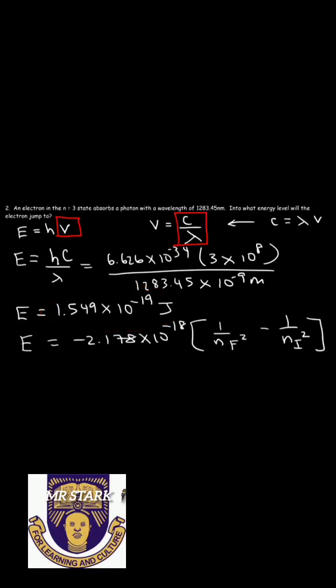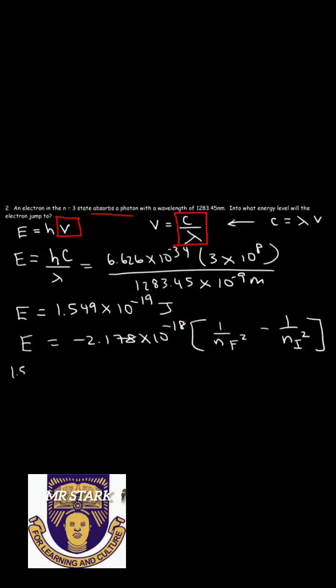So our key expression is absorbs. The electron absorbs a photon. So it's absorbing energy, which means the energy of the electron is increasing. So E is positive. So we're going to replace E with this number with a positive sign.